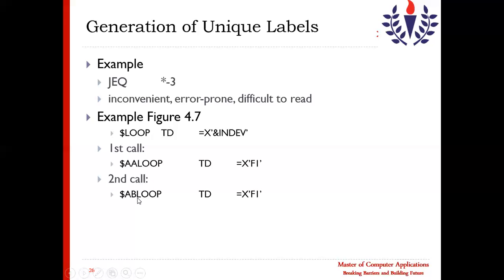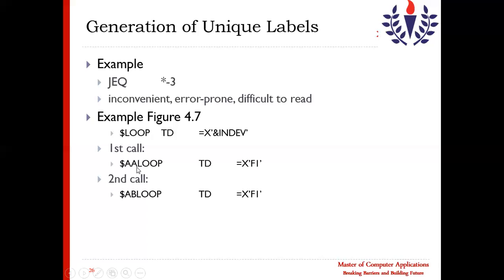So we will keep on generating a new label every time the same macro is called. So that problem will not occur that the same label keeps on being copied everywhere. So this is the generation of unique labels. During macro expansion, whatever symbol, like the dollar, is there in the macro, that will be replaced with some letters.